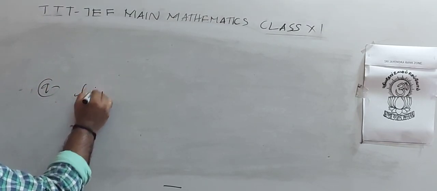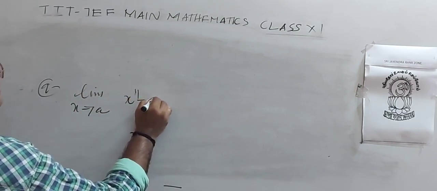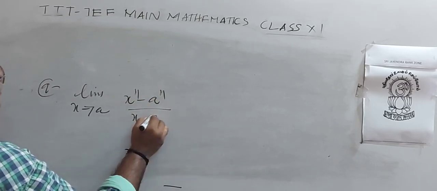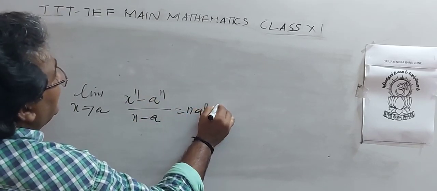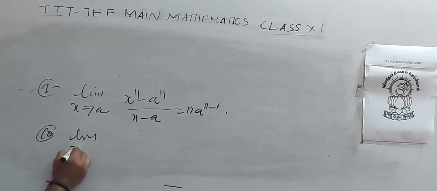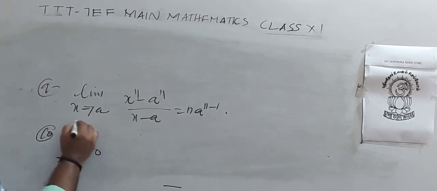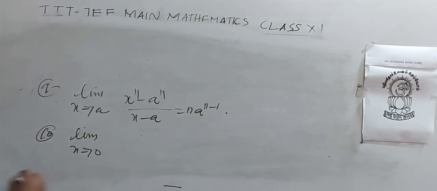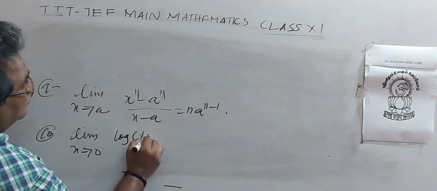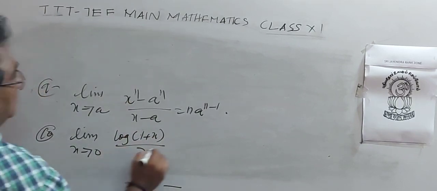Limit x tends to a of (x power n minus a power n) by (x minus a) equals n into a power n minus 1. Limit x tends to 0 of log(1 plus x) by x equals 1.